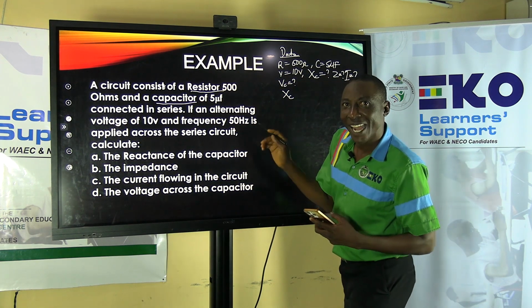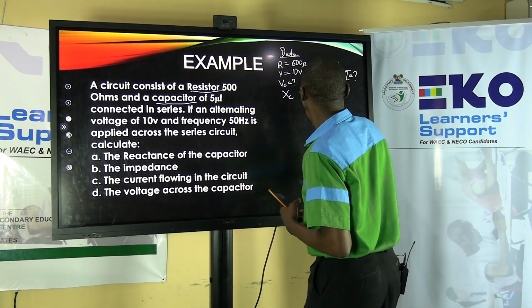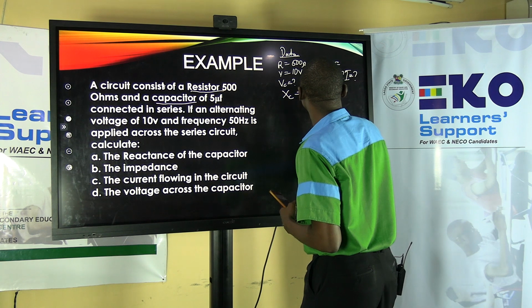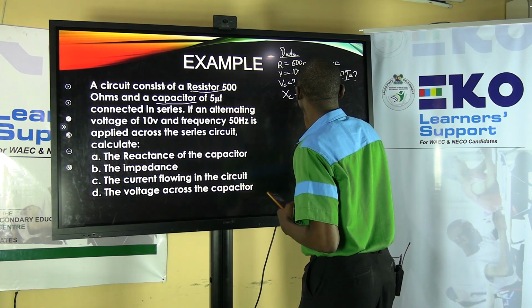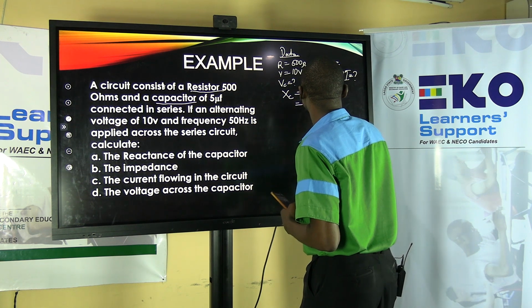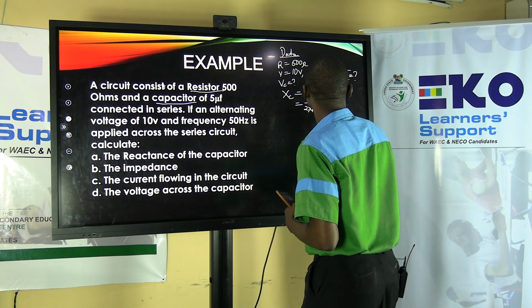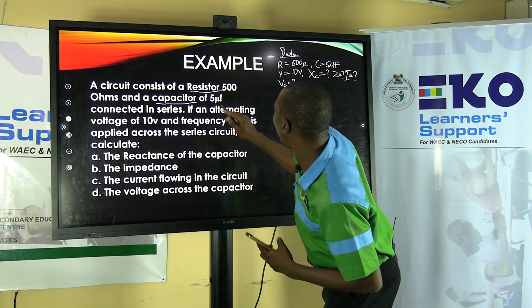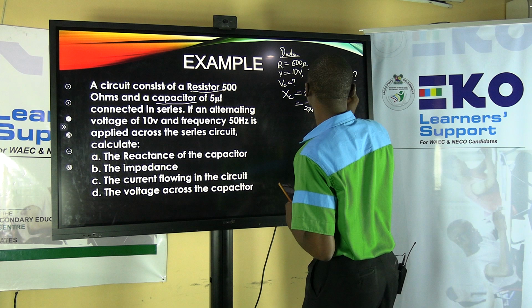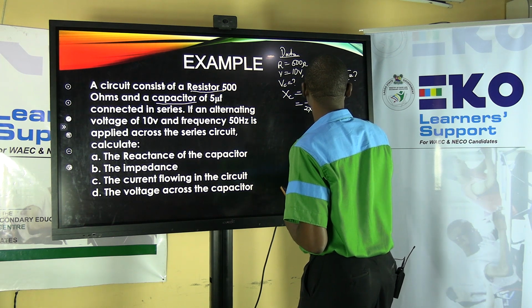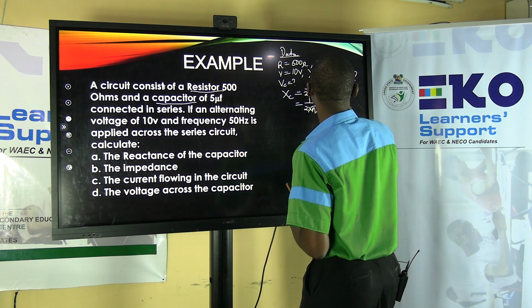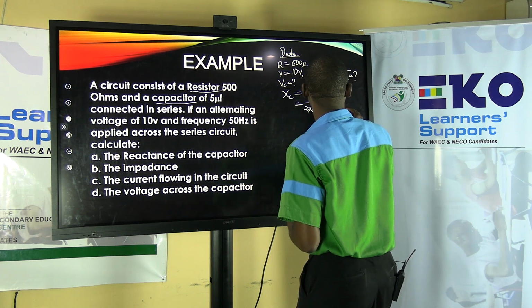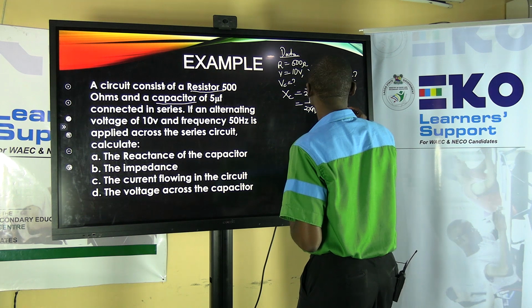Look at the reactance of a capacitor from the formula, 1 over 2 pi f C. That is 1 over 2 times pi times, what is our frequency? Oh, frequency 50 Hz, times 5 times 10 raised to the power minus 6.